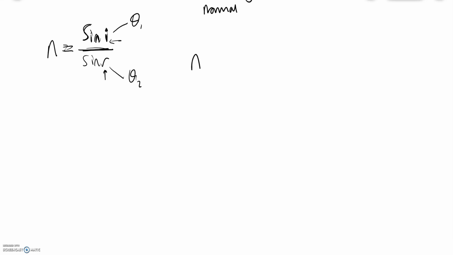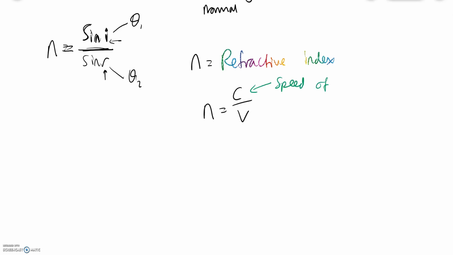Well, n is something called the refractive index. This is basically a ratio, and it tells you how much light slows down by, and therefore how much it bends by. To calculate the refractive index, you can use this equation here, n equals c over v. c is the speed of light in a vacuum.